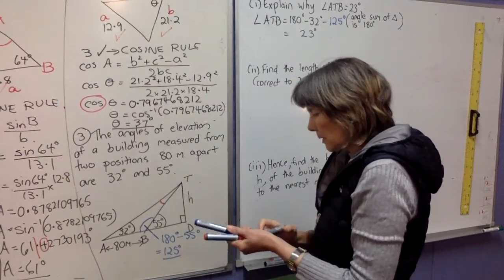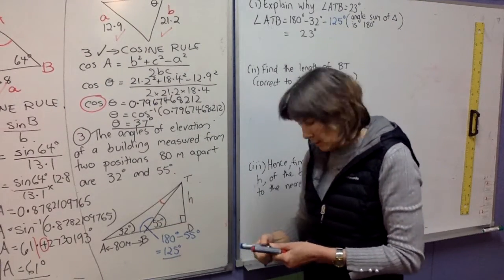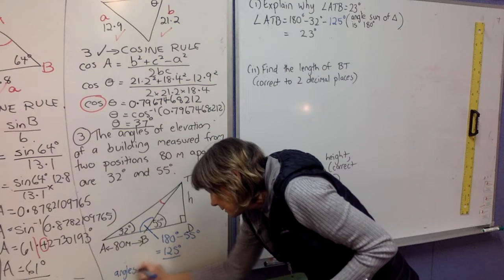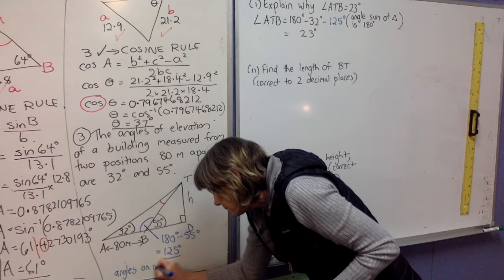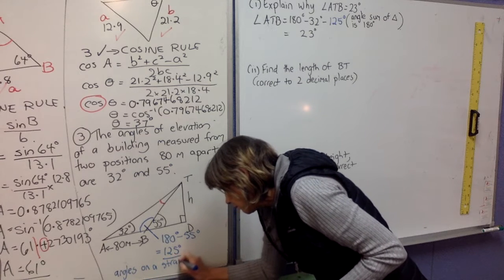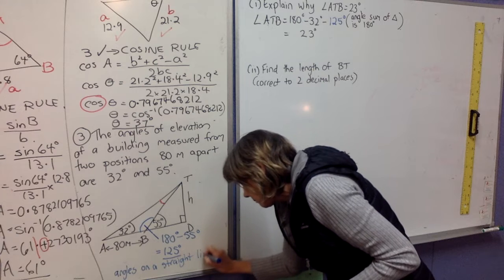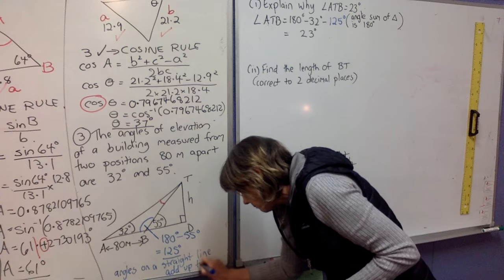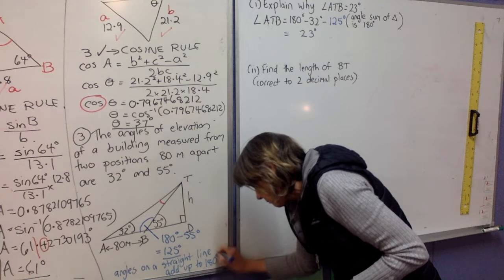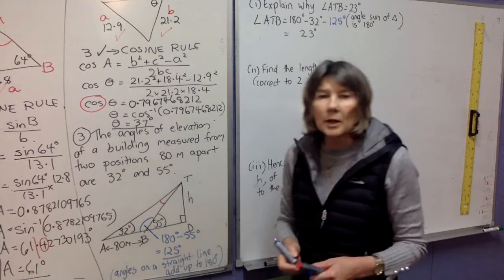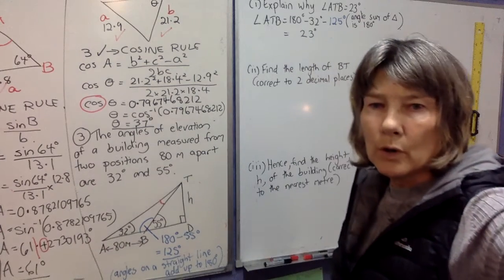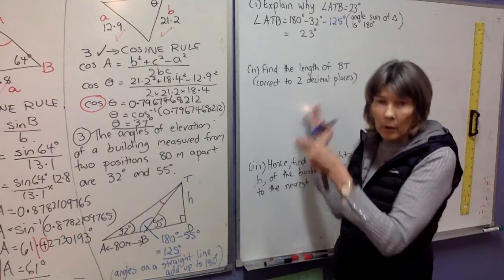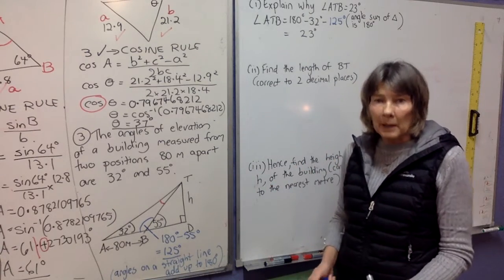So the reason for this one down here is angles on a straight line add up to 180 degrees. Okay, so make sure that you give all your reasoning as you're going through this working. So as long as they can see what you've done, that is your explaining why.